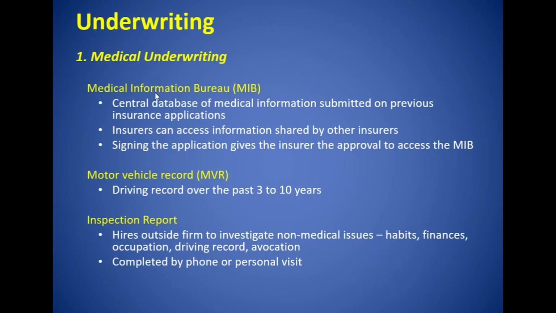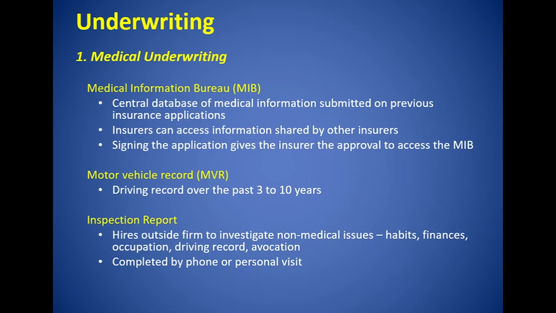Another source of information is the Medical Information Bureau, the MIB. The MIB is a central database of medical information that you might have placed on any other applications for insurance you have done previously. So if you had applied for an insurance policy a year or two or three previously, the information on that application is actually stored in a central database.